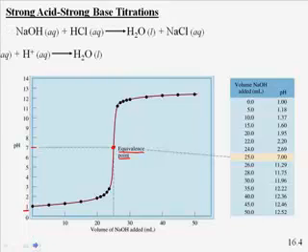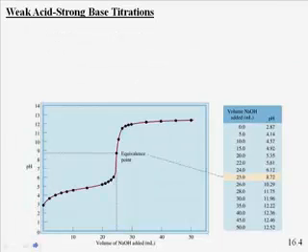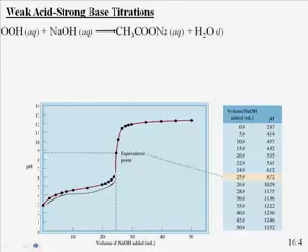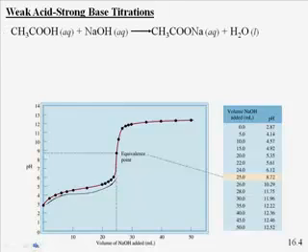So here's an example of what this one is. Now let's look here. What do we notice? The shape of the curve. You'll notice the approach is not quite as direct. What's happening here is a weak acid, strong base titration. Say I'm titrating acetic acid.